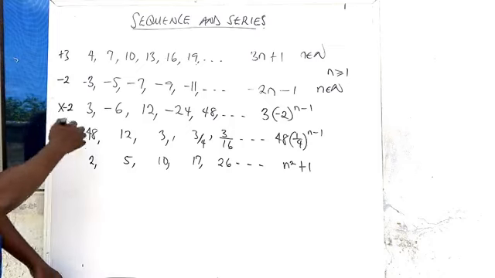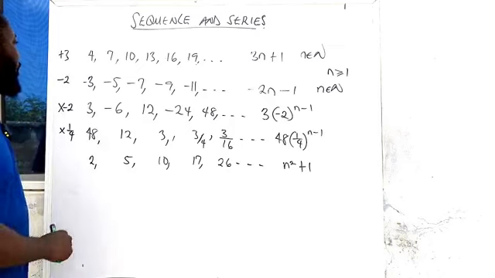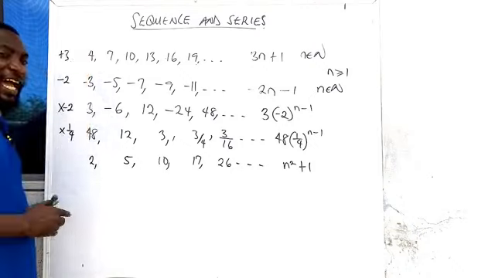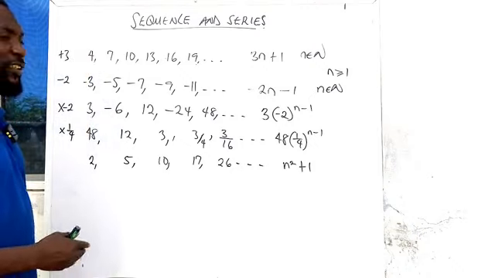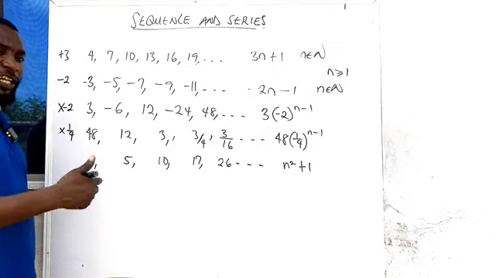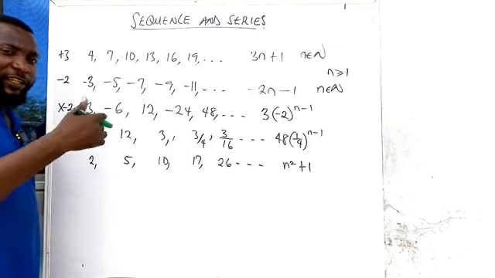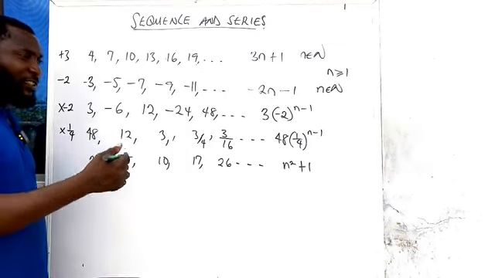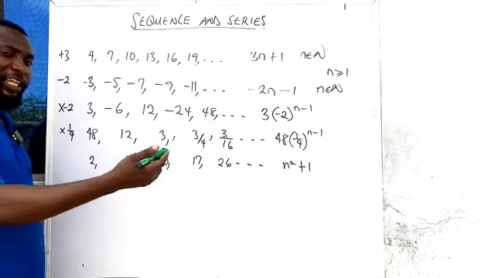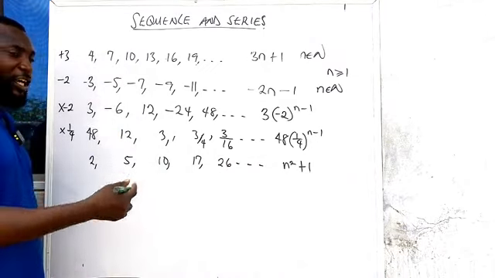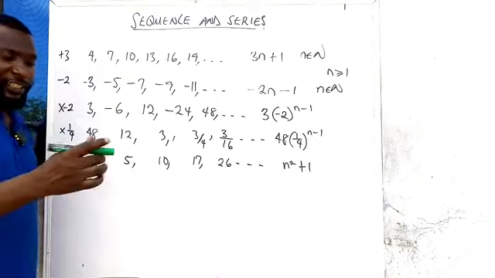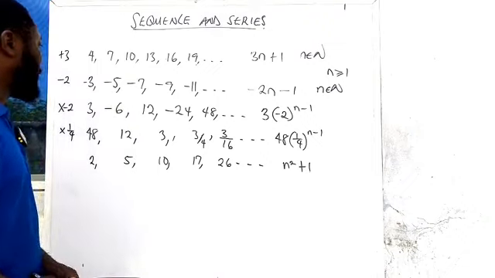And now, from these examples, a sequence generated by addition of a term or subtraction of a term, you generate a sequence by addition of a number or by subtraction. You take a number from each term, or addition of integers. Let me put it in that way.